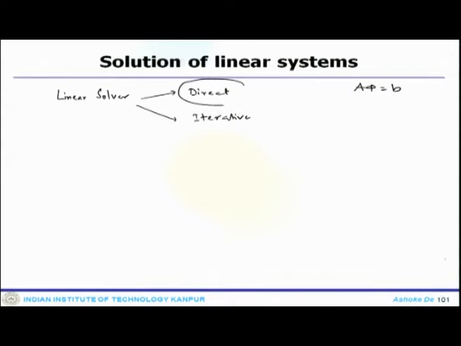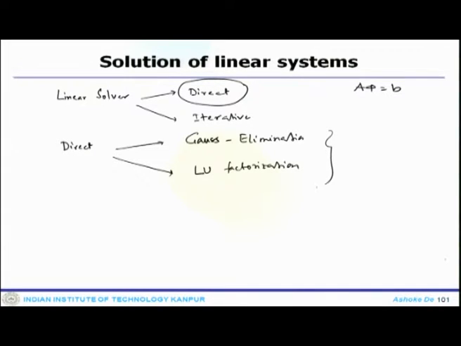This is what we discussed in the previous class, and under the direct approach we have done Gauss elimination and LU factorization, and we have looked at how many operations one needs to do for either of these two processes.